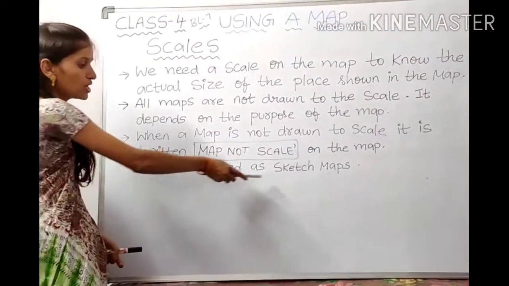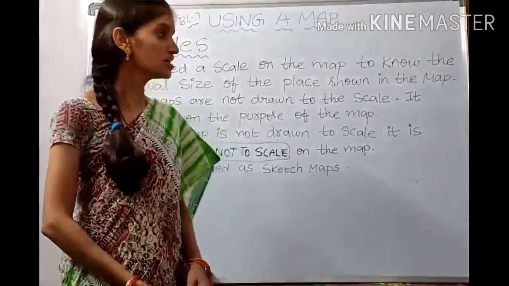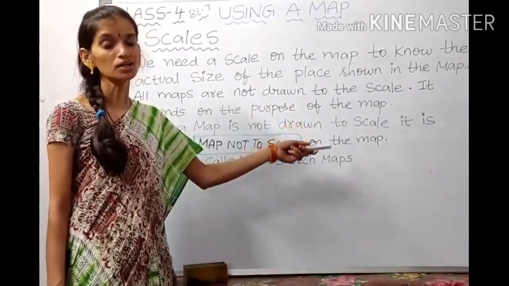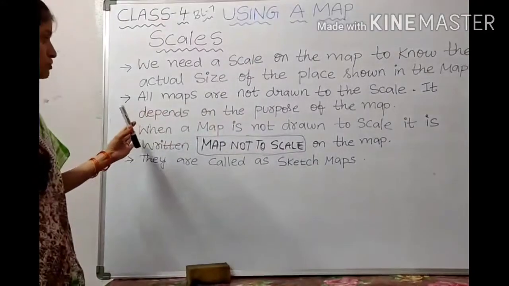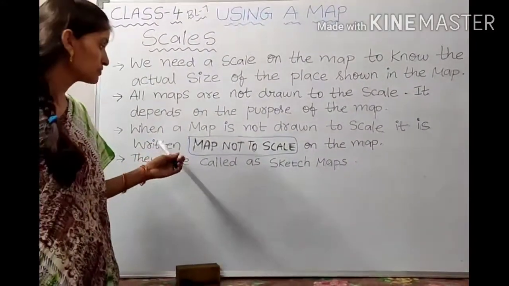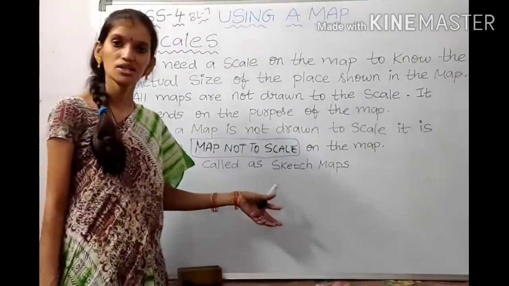Now we have understood that some maps are drawn to scale and some are not. The maps which are not drawn to scale have it written on the map itself that it is not to scale, and they are called sketch maps.